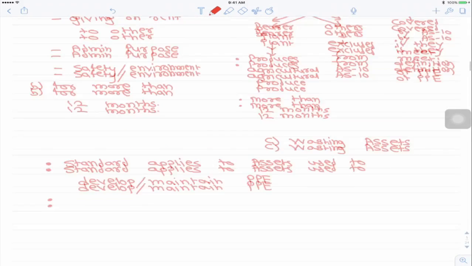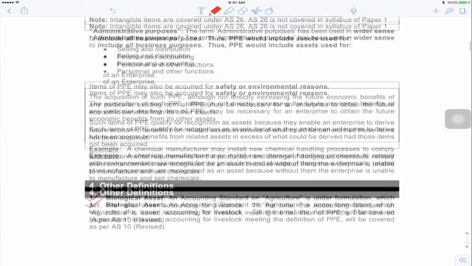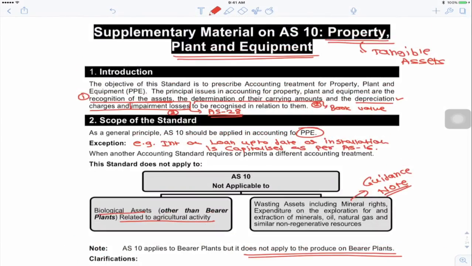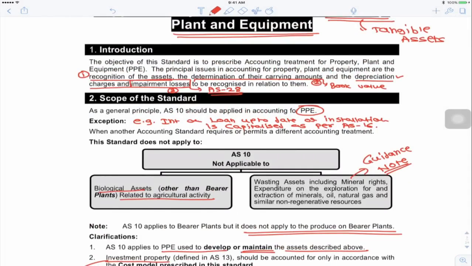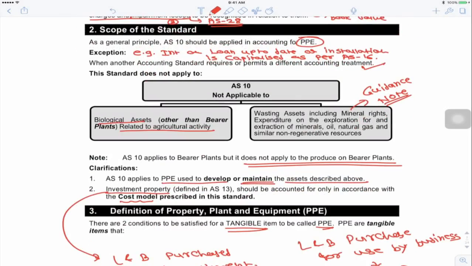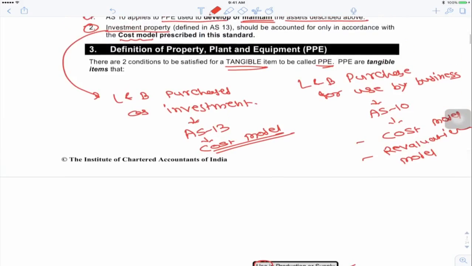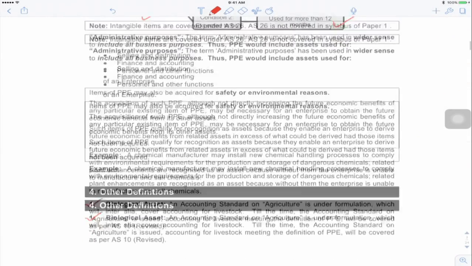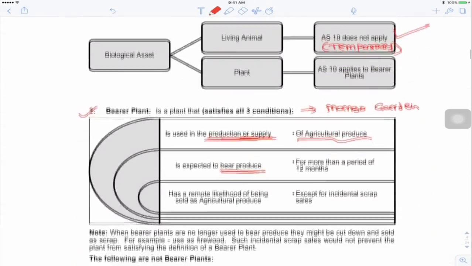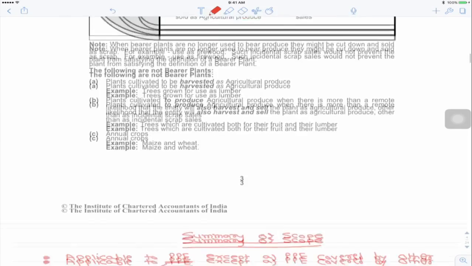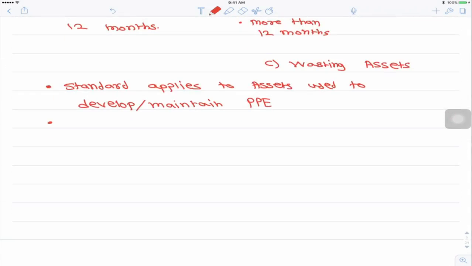See, मैंने सब कुछ कवर किया कि नहीं? ये कवर कर लिया, बायोलॉजिकल एसेट्स कवर कर लिया, वेस्टिंग एसेट कवर कर लिया. इट डज नॉट अप्लाई टू एग्रीकल्चरल प्रोड्यूस, ये कवर नहीं किया, कवर करेंगे. डेवलप पॉइंट कवर कर लिया, इन्वेस्टमेंट प्रॉपर्टी कवर करना है, डेफिनेशन ऑफ प्रॉपर्टी प्लांट इक्विपमेंट कवर कर लिया, बायोलॉजिकल एसेट कवर कर लिया, बेरर प्लांट कवर कर लिया, सब कुछ कवर कर लिया.